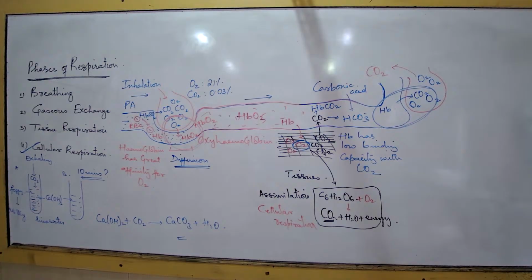No, only the functions to write. Gaseous exchange, and it has a large amount of oxygen in it, stores oxygen. Gaseous exchange and storing, that will be the same thing.